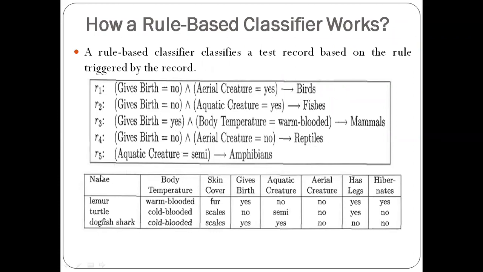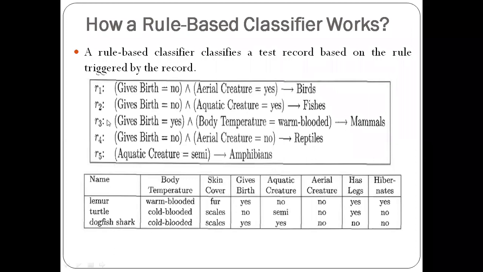Now let's see which of these test records are going to trigger which rule. The first one is the first vertebrate, lemur. This lemur is warm blooded. Body temperature is warm blooded and gives birth is yes. So which rule is it present in?